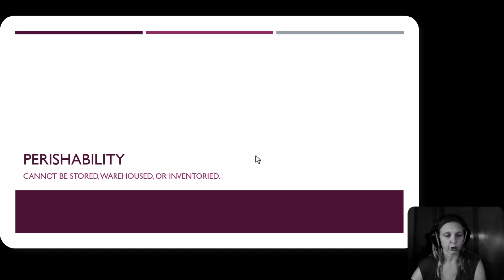And then the next feature is perishability. It cannot be stored, warehoused, or inventoried. So say that we are talking about the restaurant again. If there are lots of seats available during certain times of the day, you cannot save those seats and have them available at the busier times of day.